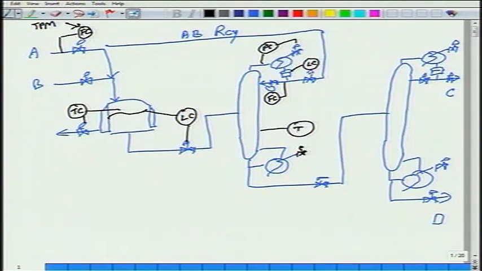Temperature control so that B doesn't leak out the bottom, because otherwise it will contaminate your product stream. Level control. Level control. Composition control.